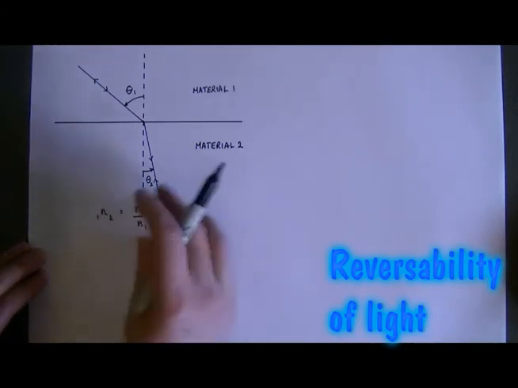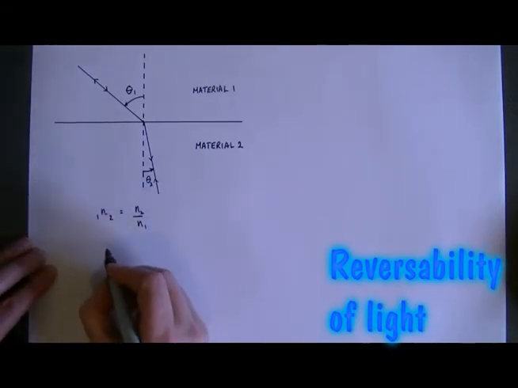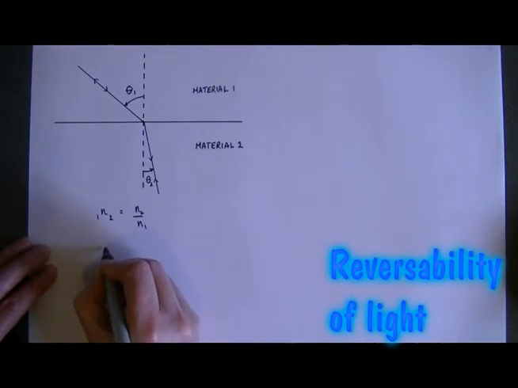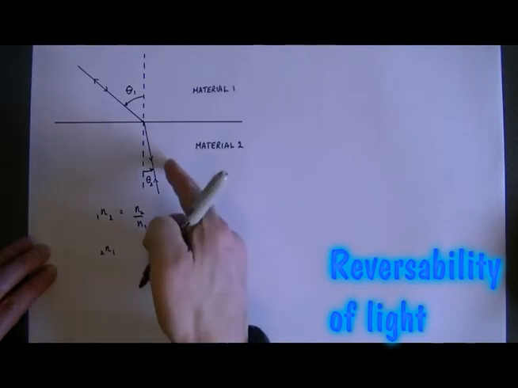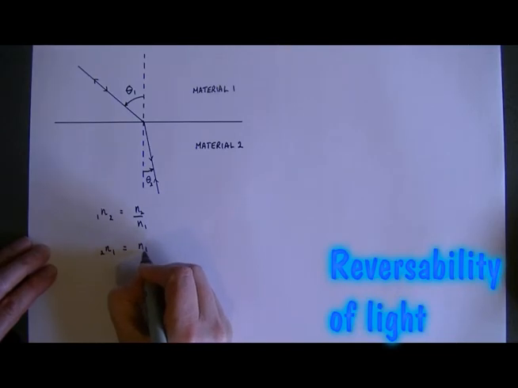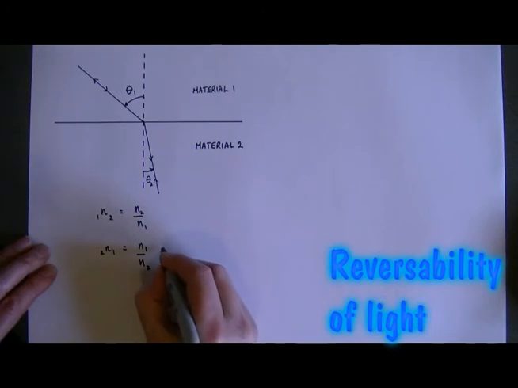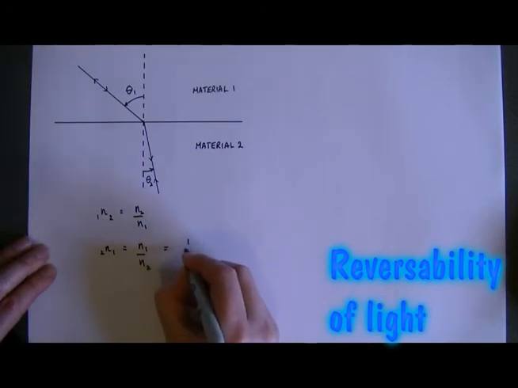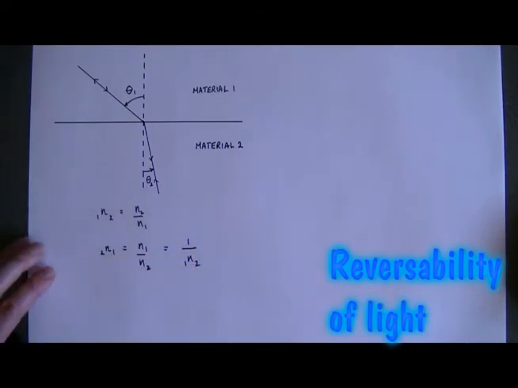So with a little bit of algebra you can show that n from 2 to 1, so going from this material to this material, must equal n1 over n2, so that equals 1 over n from 1 to 2.